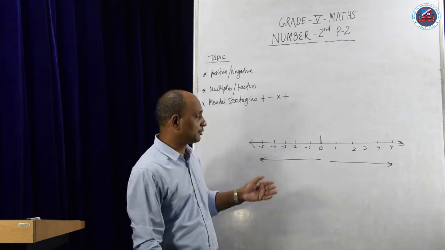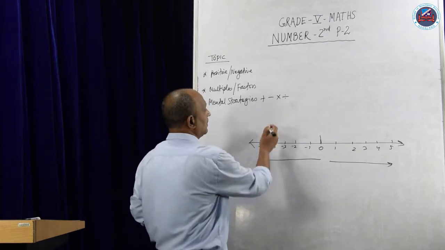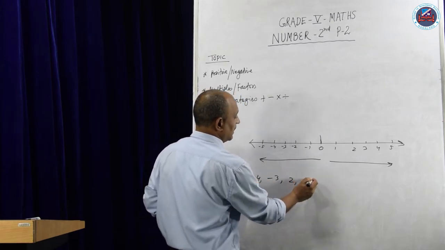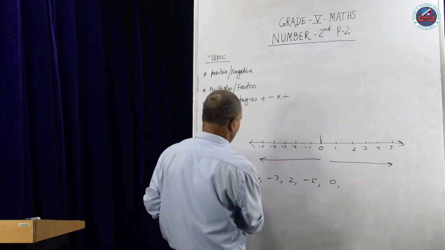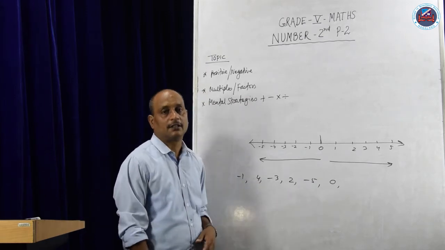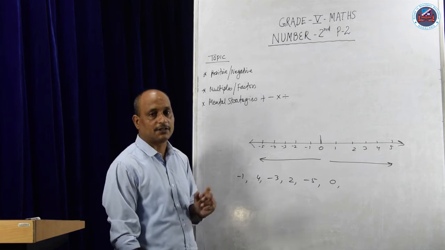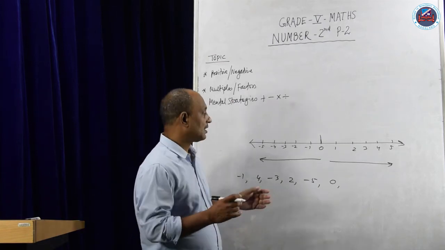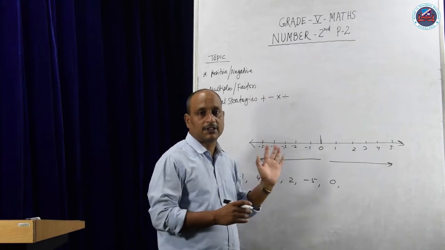Let us take some numbers: -3, 2, 4, -5, 0, -1. Let us arrange these numbers from smaller to greater. Now we know that negative numbers are smaller.